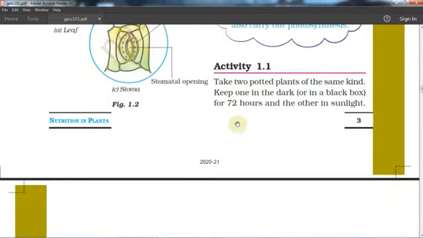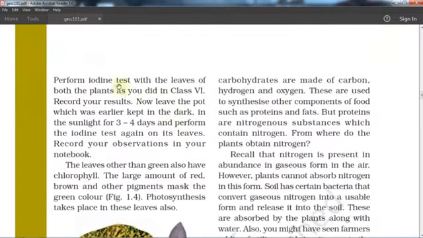Now activity 1.1. Take two potted plants of the same kind, keep one in the dark for 72 hours and the other in sunlight. Perform the iodine test with the leaves of both the plants as you did in class 6th. Record your result. Now leave the pot which was earlier kept in the dark in the sunlight for 3-4 days and perform the iodine test on its leaf.